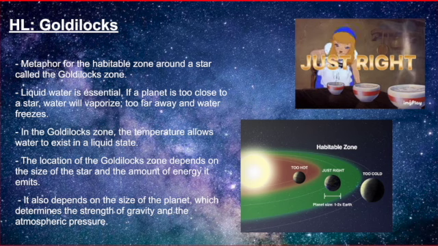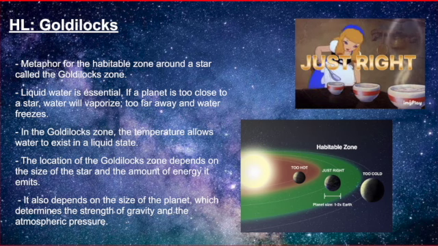Well, this metaphor is used for the habitable zone around any star, not necessarily our sun, but any star has a habitable zone, and this is called the Goldilocks zone because it's not too hot, not too cold, but just right.